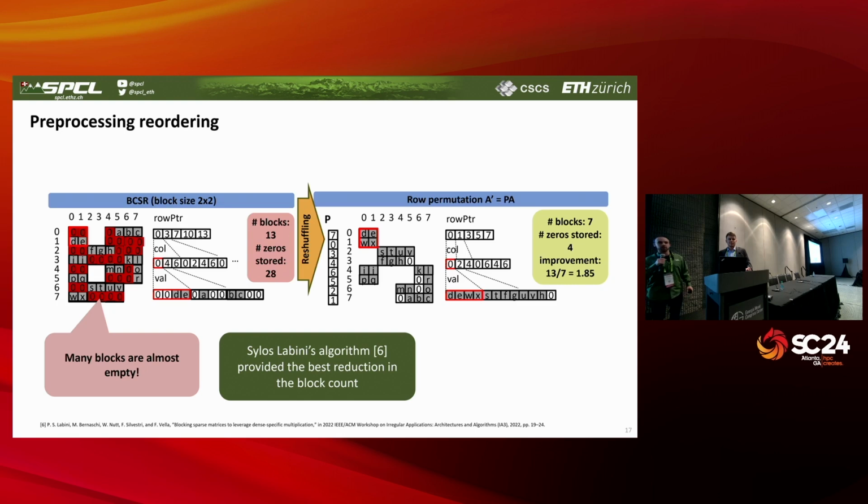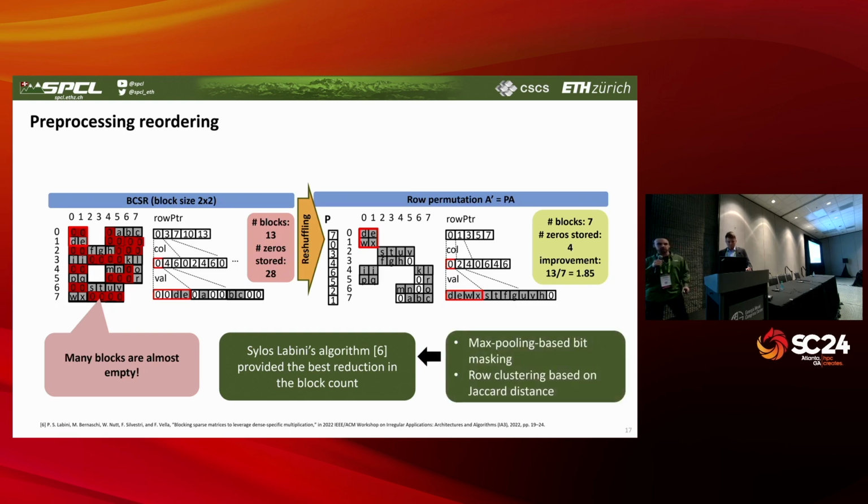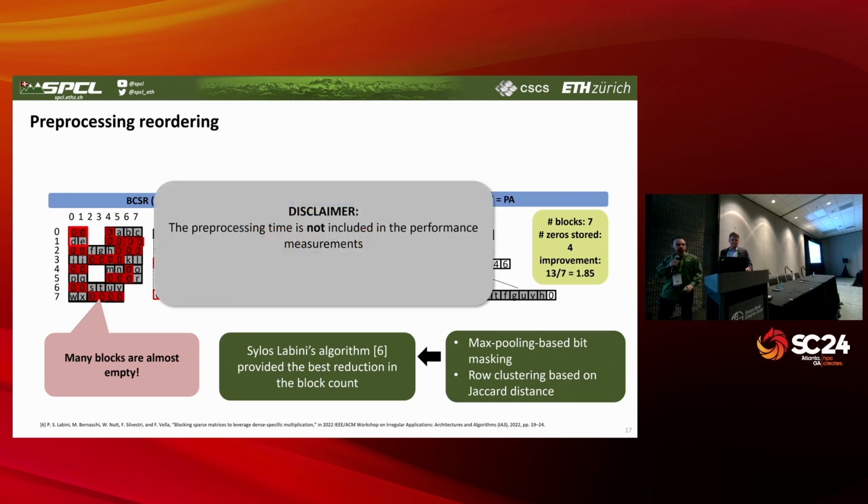You can find all these details in the relevant paper, but I'll just outline that it is based on max pooling and bit masking that matches the hardware requirements for the Tensor Core fragments, and then performs row reshuffling based on the Jaccard similarity coefficient.